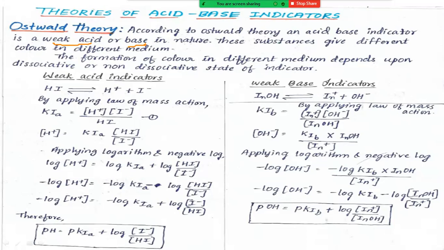Actually indicators only indicate the color change. These indicators are not involved in the reaction, they give the color change only, right? So these are secondary substances which are not directly involved in the reaction. That's why acid base indicators are always weak acids and weak bases.